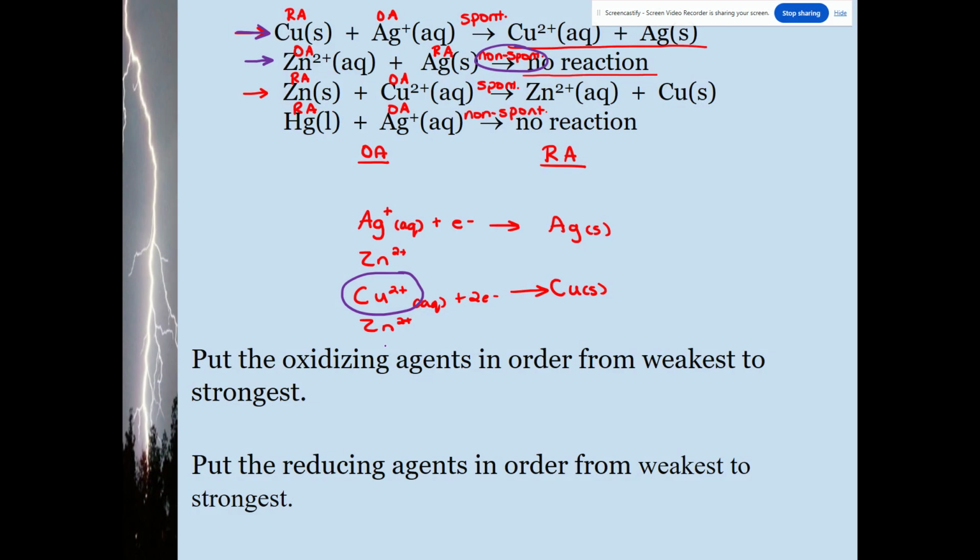We're not sure yet if the zinc should be above or below. But we know that zinc solid as an RA, when it reacts with copper ions, is spontaneous. So that means my zinc needs to be lower. In order to be spontaneous with copper ions, the RA has to be lower than the OA.